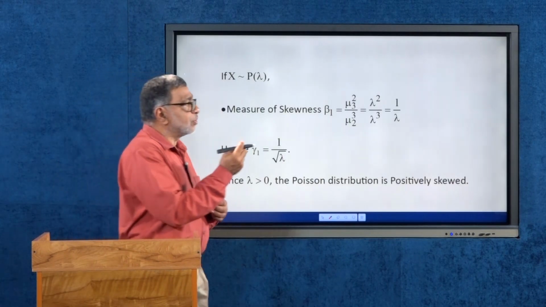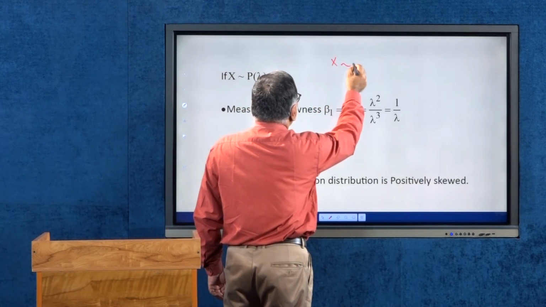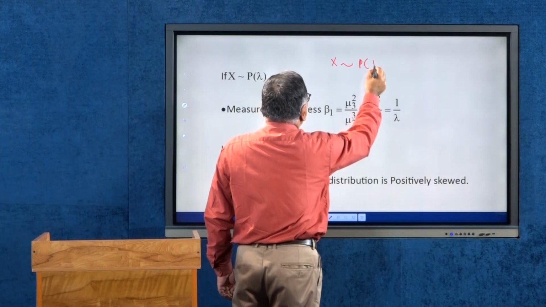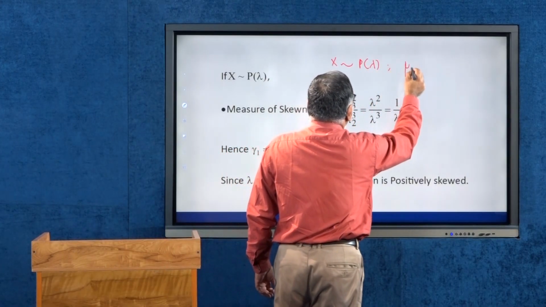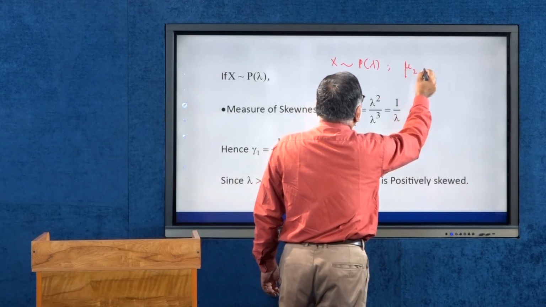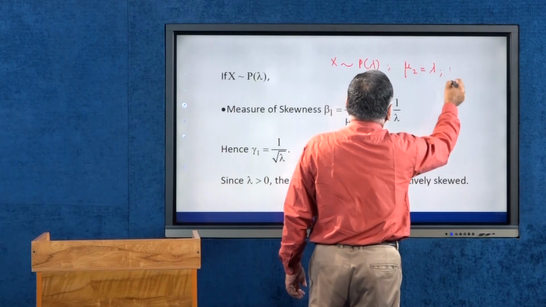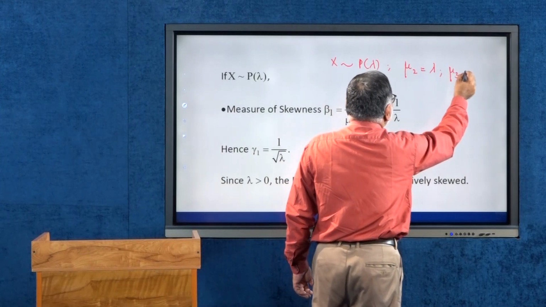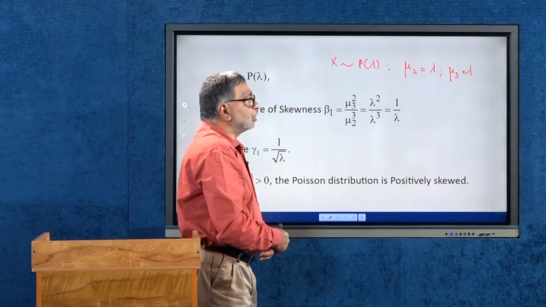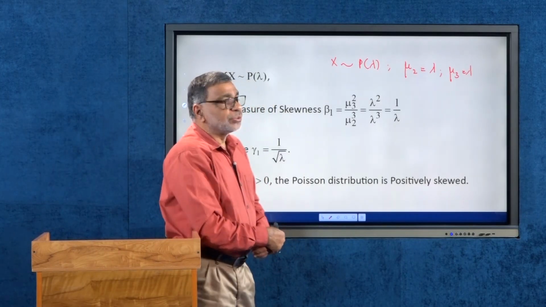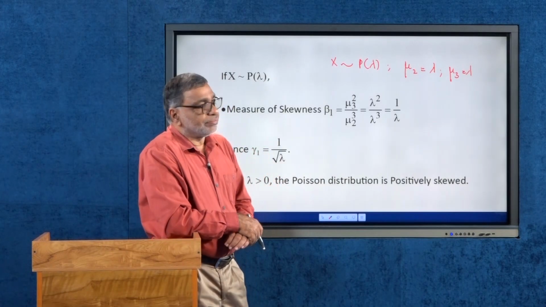So, for a Poisson random variable, we have X follows Poisson with lambda, and earlier we have derived mu 2 is equal to lambda and mu 3 is also lambda. These are the values we derived for the Poisson distribution with respect to second and third central moments.